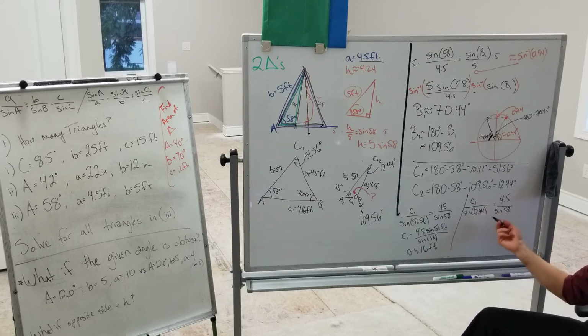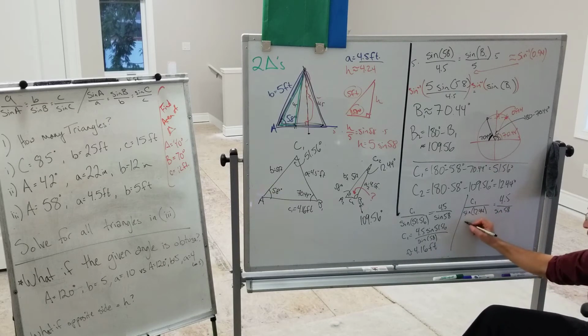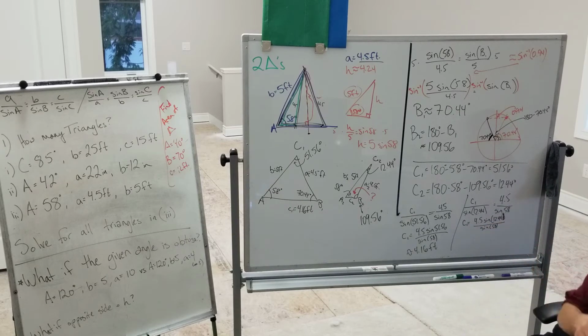Multiply both sides by sine of 12.44, so c sub 2 equals 4.5 sine of 12.44 over sine of 58, and we're just going to plop that in the old calculator again.